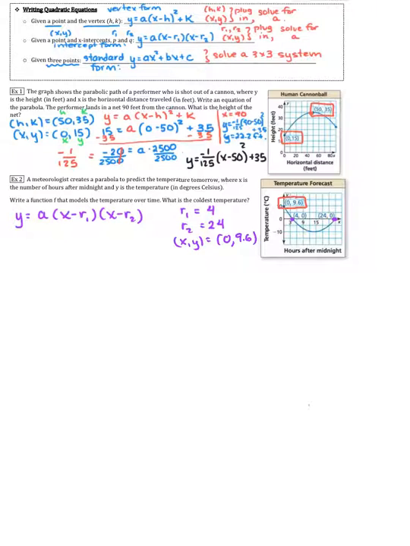When we plug all this in, the y value will be 9.6. A is what we're trying to solve for, so we'll leave that there.